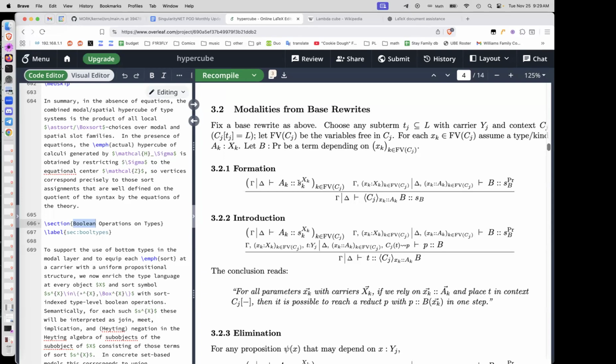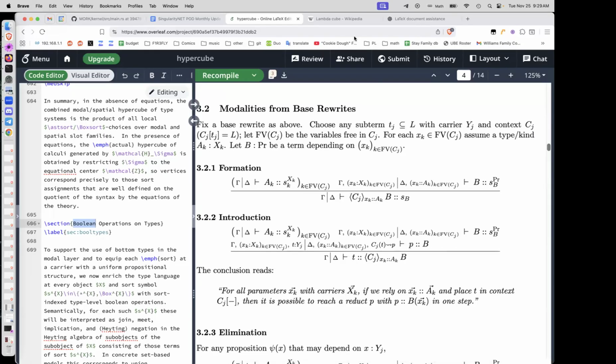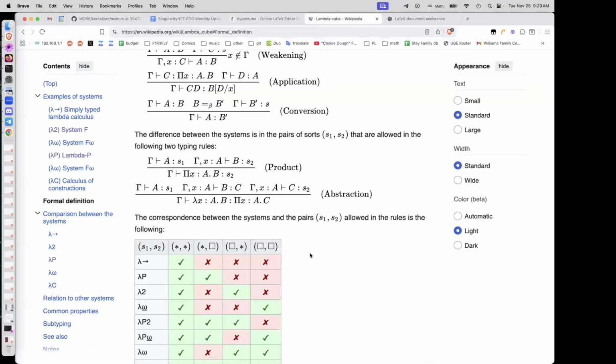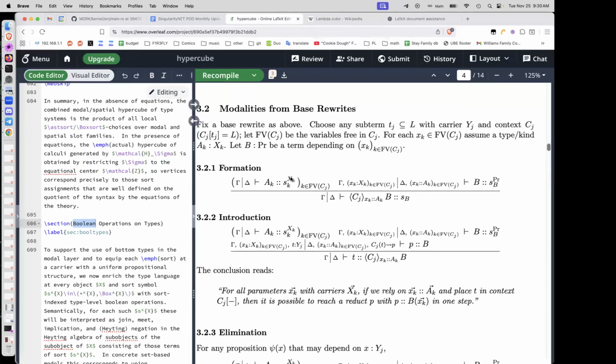So we've got a choice of S's for each of these A_k and a choice of S for the final B. These, in the special case of the first slot of application in the beta rule, give you the dependent product here, but we get this whole hypercube of calculi depending on whether box is allowed in that position or not, right? Similarly here, we have a whole bunch of variables that could have a box in that position or not.